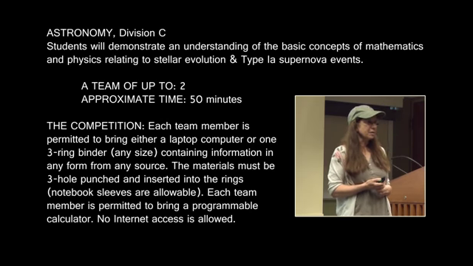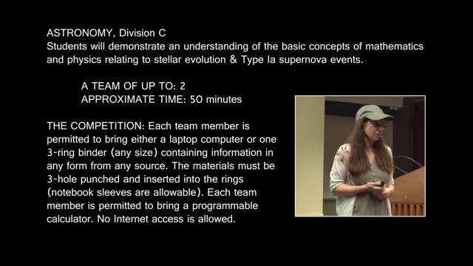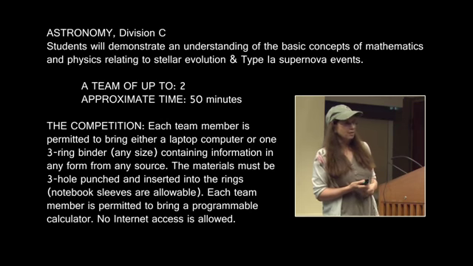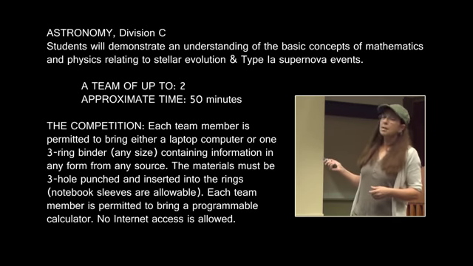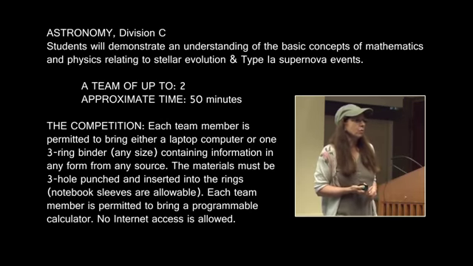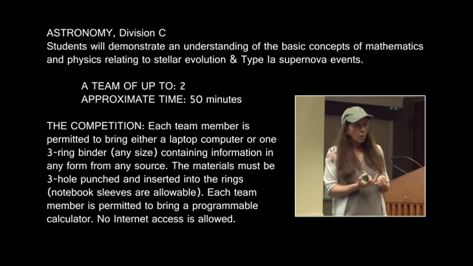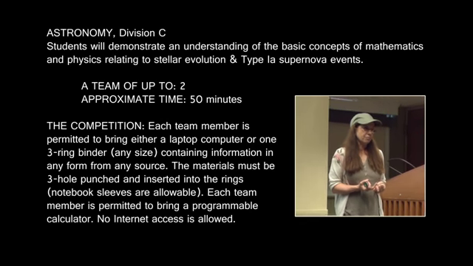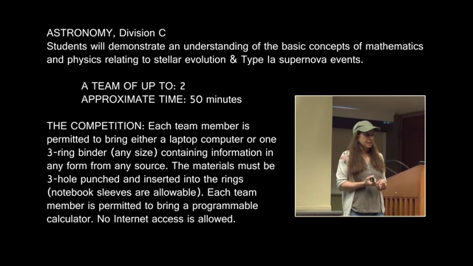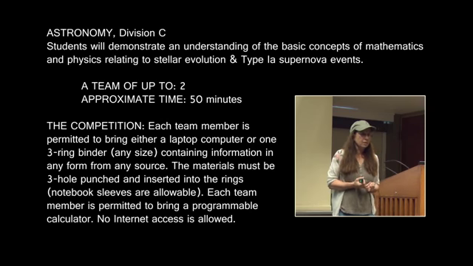And there seems to be a lot of confusion, even though I think it's quite clearly stated here, as to what resources the team members are allowed to bring to the competition. Each team member is permitted to bring either a laptop computer or a 3-ring binder. The reason for this is I wanted to eliminate people bringing boxes or stacks of textbooks to the competition, because a textbook will not help you whatsoever.